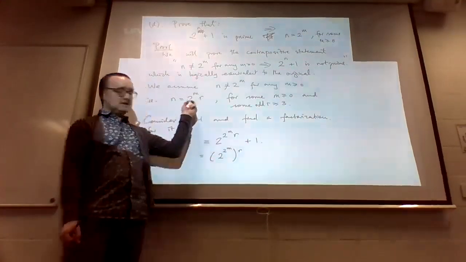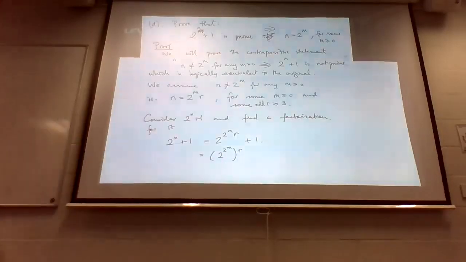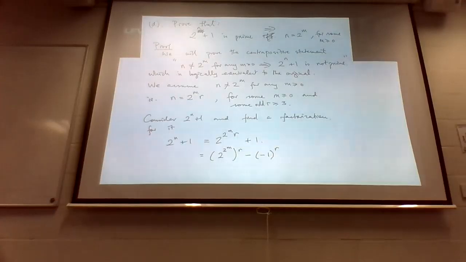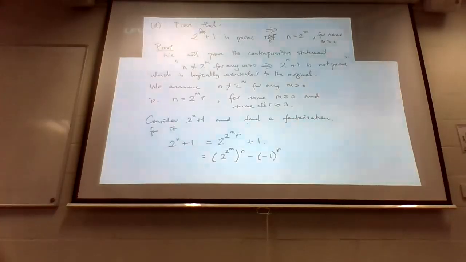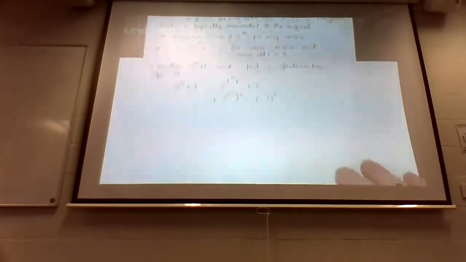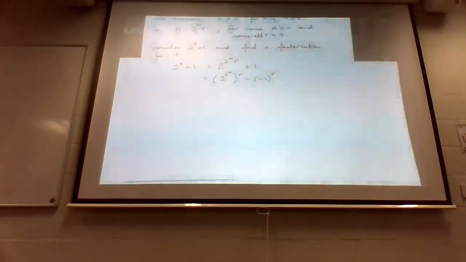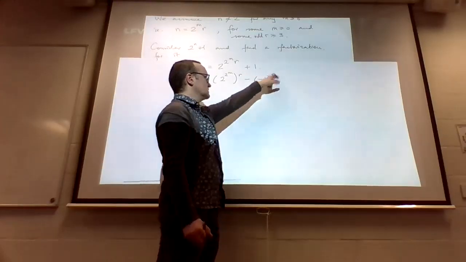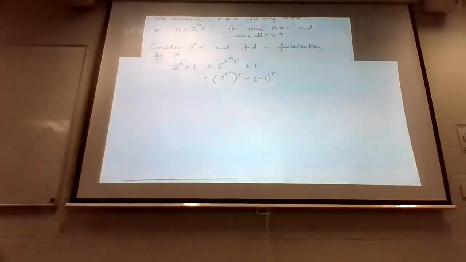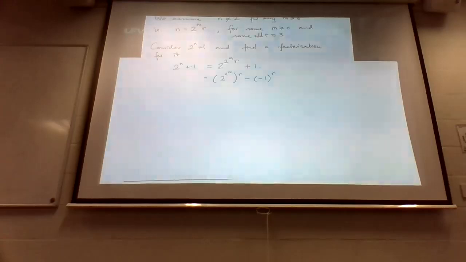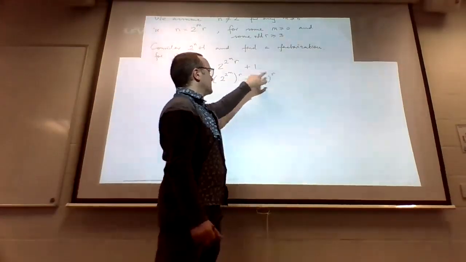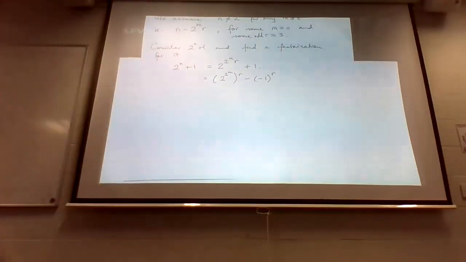Okay, r is an odd number, so this plus 1 we can rather acutely write as minus 1 to the power r. Normally you wouldn't do that, take something simple like plus 1 and write it as minus 1 to some unknown odd power. But it is the thing to do here because now we can make use of the fact that we've got a difference of rth powers. Okay.